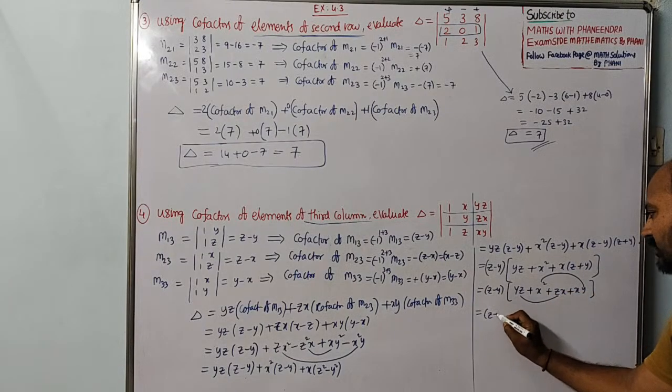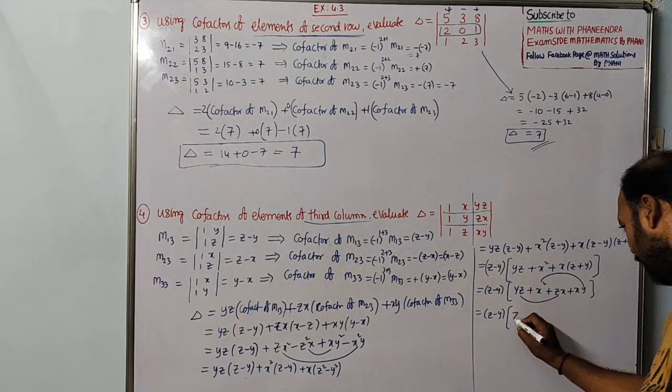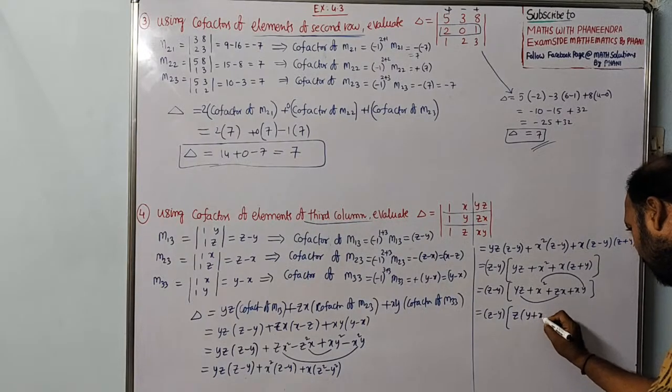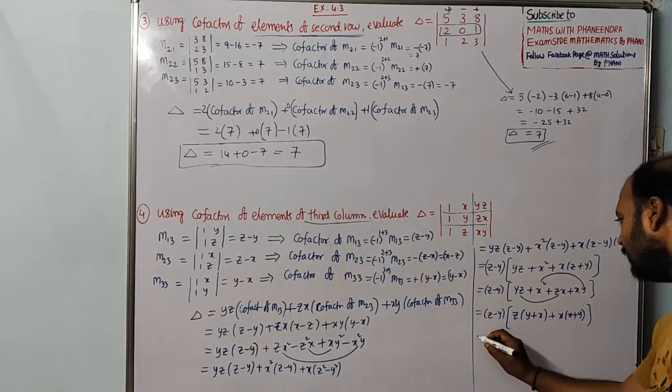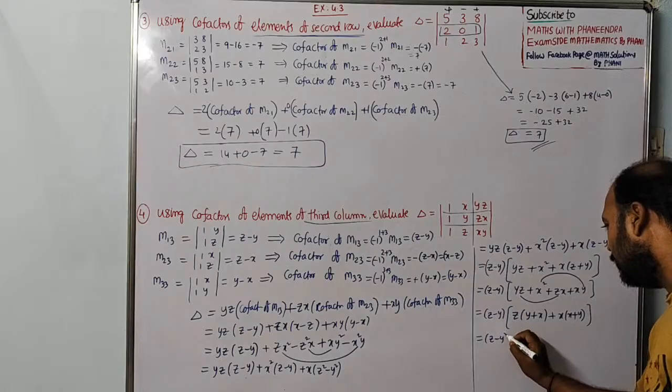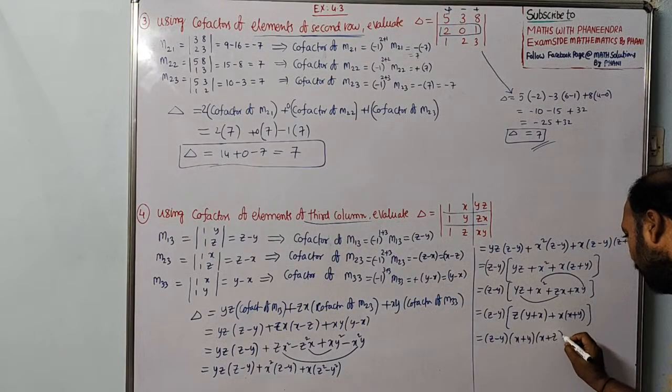So z minus y, from these two z, if we take out common, y plus x will come. From these two x, if we take out common, x plus y will come. So z minus y into x plus y into x plus z.